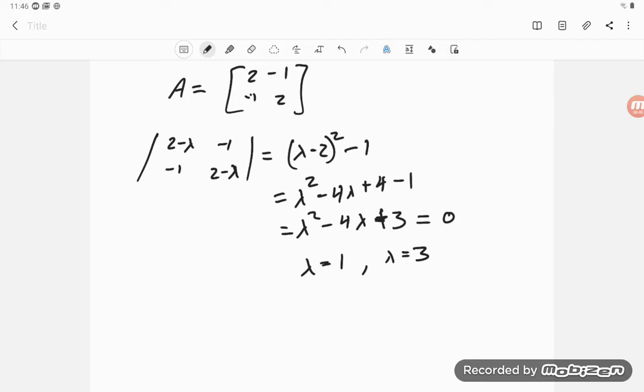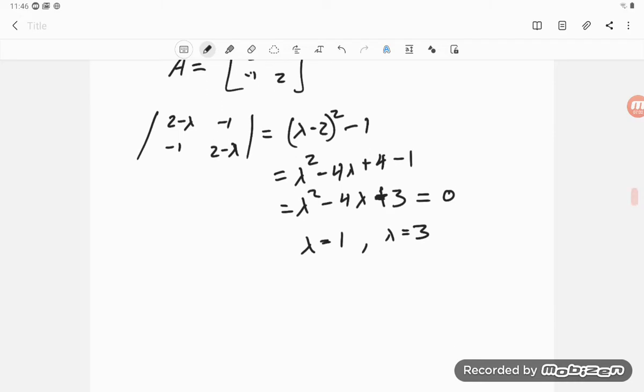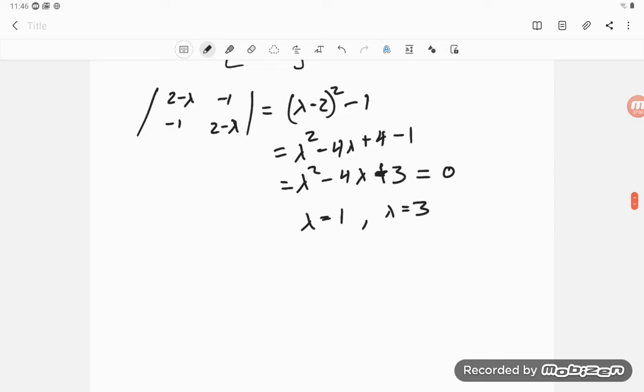Okay, so I need to find the eigenvectors. The matrix that we had done before had a positive 1 in those off-diagonal elements. So although we have the same eigenvalues, we won't have the same eigenvectors. So real quick, I need to do a couple row reductions.